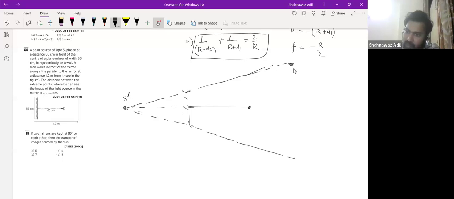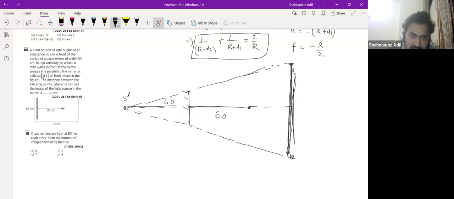This is the maximum distance that you can observe, right? You have to use similarity of triangles to solve this. You guys know this distance. This distance is 60, so this is also 60, and then you can calculate, right?